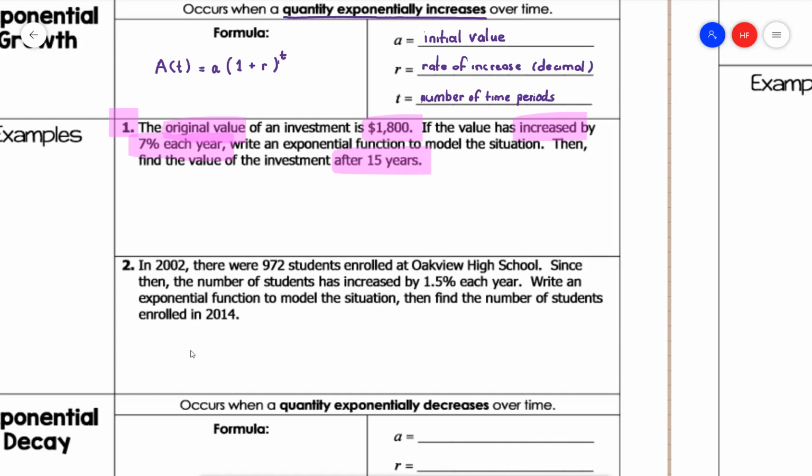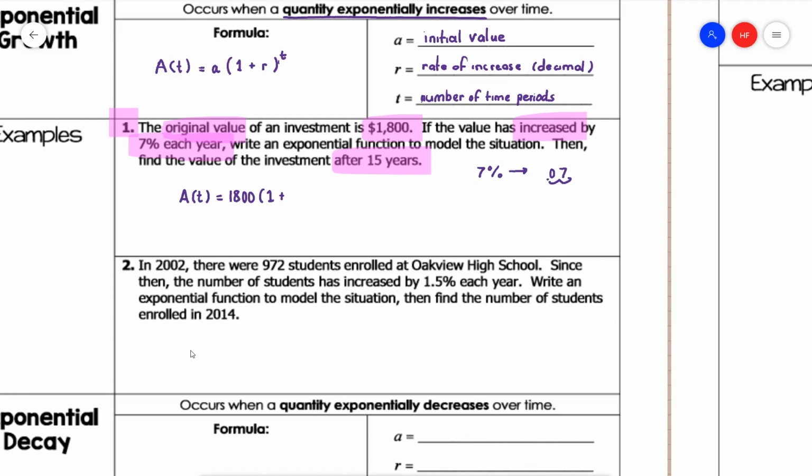So we've got this investment that the original value was $1,800. So we want to write our exponential. So the initial value is 1,800. And then this is increasing, so 1 plus the rate. The rate is 7%. And remember, when we move to a decimal, we're going to move the decimal twice from a percent. So we've got 0.07.